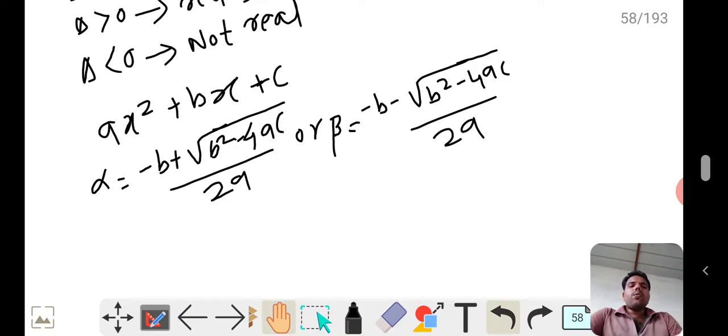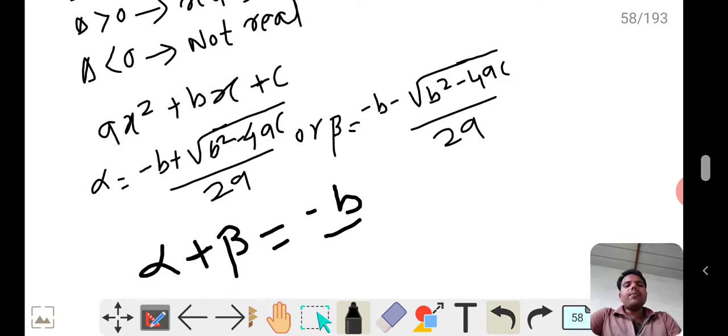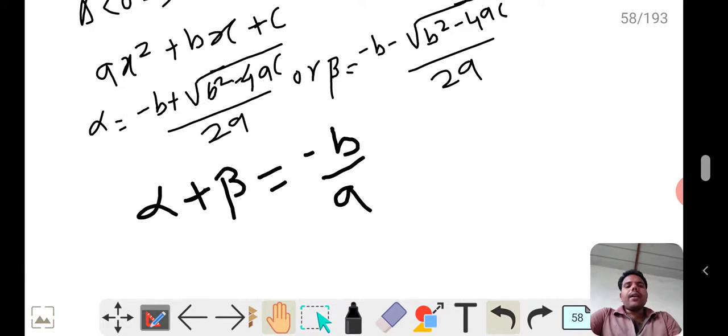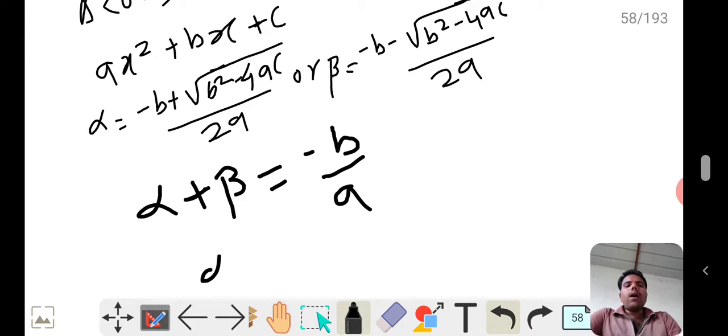So from this value we can write alpha plus beta is equal to minus b by a, or alpha into beta is equal to c by a.